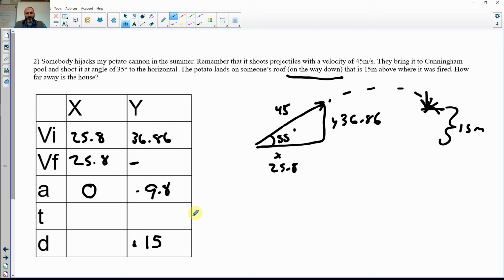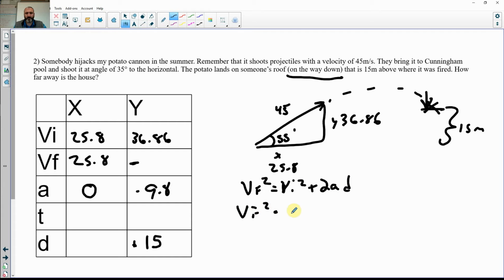Okay? So now I'm going to do what I've done in the past. I'm going to use VI, A, and D to figure out VF. And the equation to do that is VF squared equals VI squared plus 2AD.